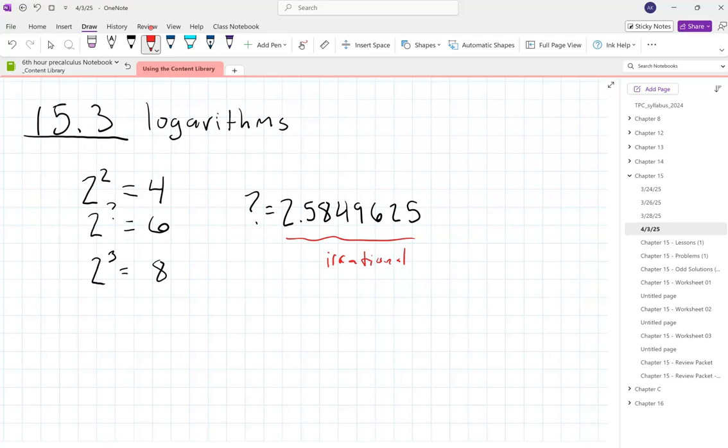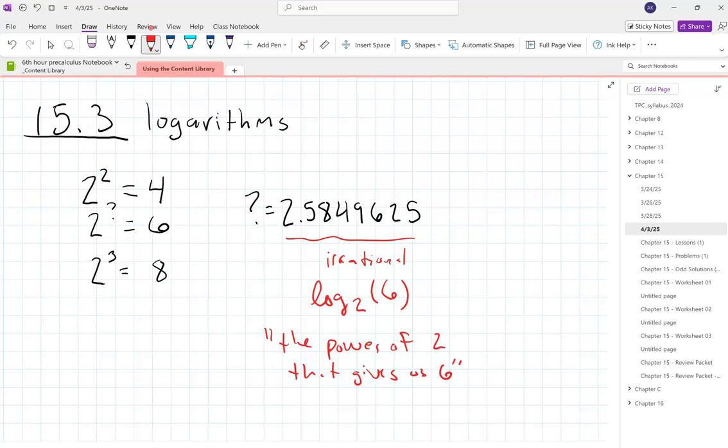So the abbreviation we're going to create for this number is log base 2 of 6. It's basically telling us the power of 2 that gives us 6.